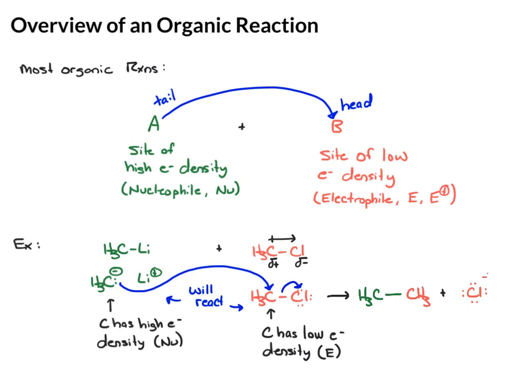And a negative charge. And you can think about that kind of hanging out now with the lithium plus that's floating around in the solution. So this is the basic step you're going to see in most organic reactions: a nucleophile reacting with an electrophile.